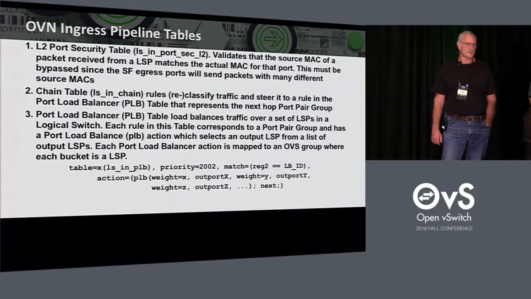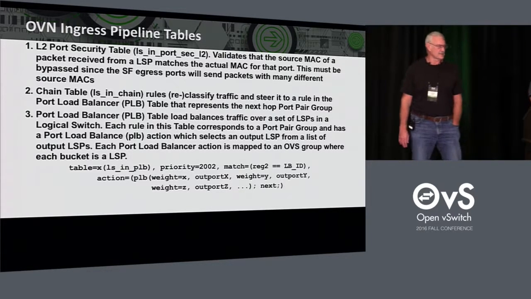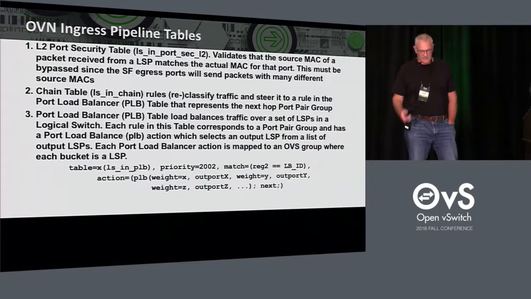Then in addition, we would probably add some form of port load balancing table, and that would have the operations that would allow us to do the port balancing. Shown at the bottom is essentially a rough idea of what we would have there. So we would have some sort of match on some form of metadata register that would be set by the chain table on a match on a particular chain.